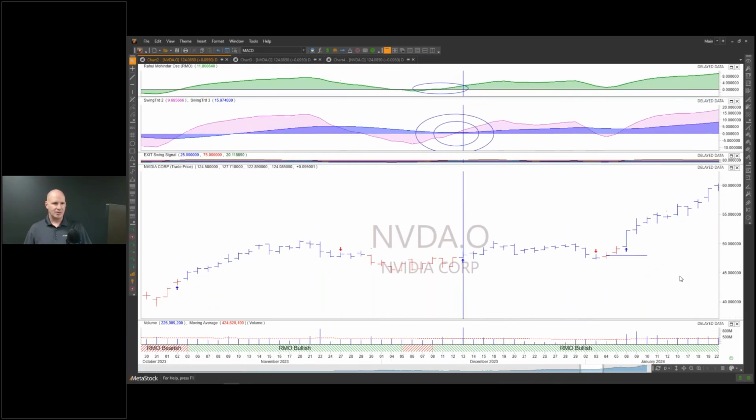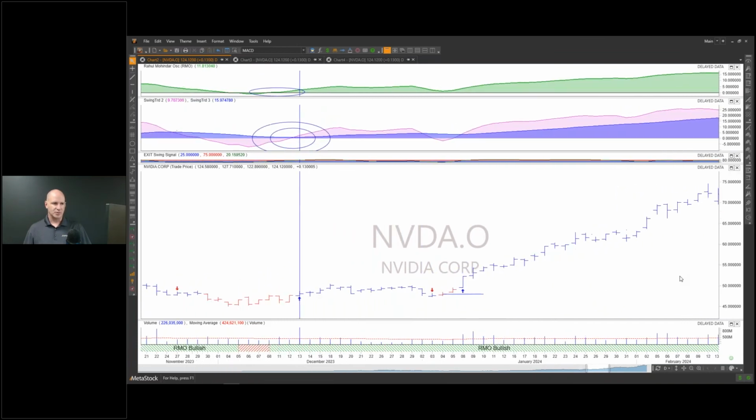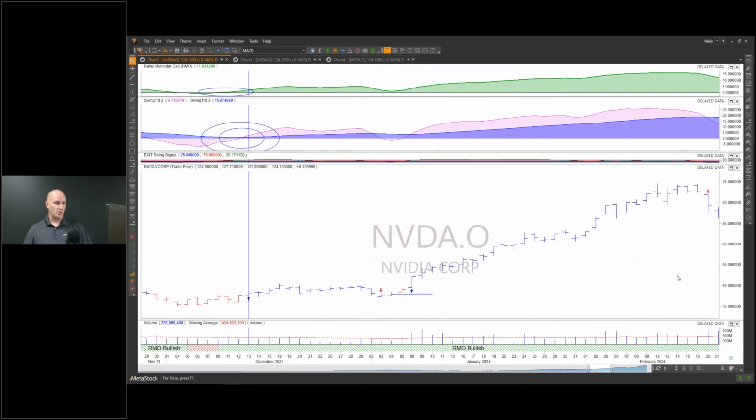Okay, so let's let it run here. Okay, so we're in a good run from 50 up to 70 at this point. Okay, red arrow, red bar. Maybe we want to tighten our stop. Okay, we've got some good profit. Why not protect it, right?